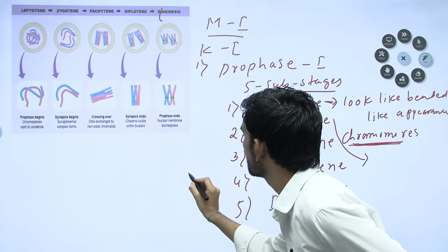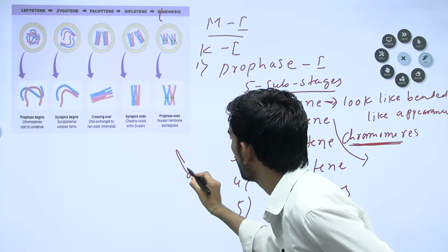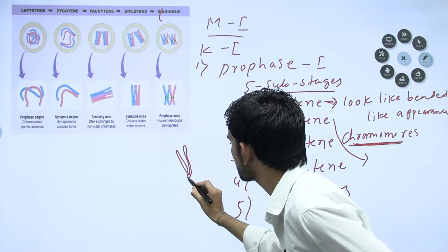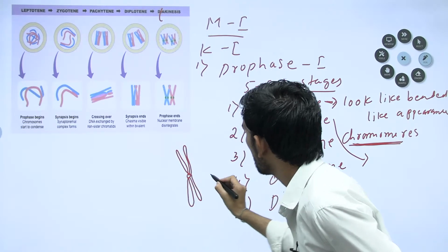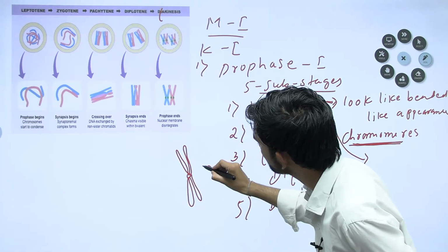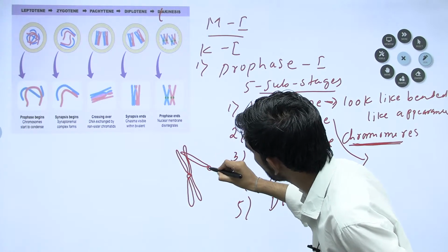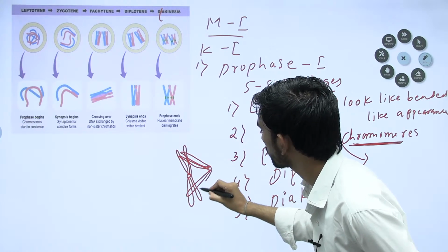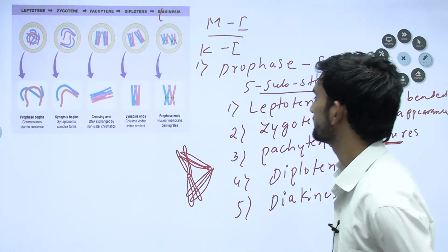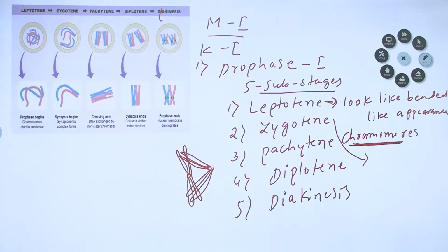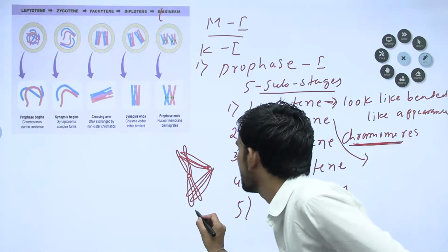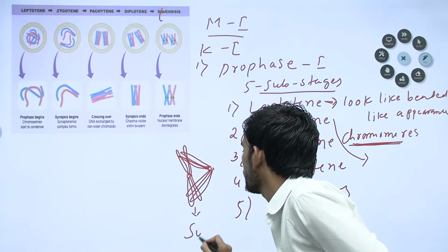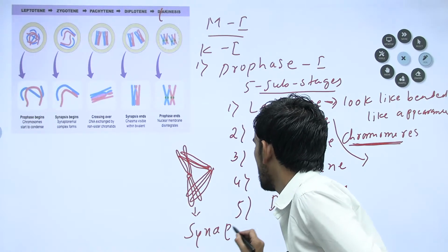This is one chromosome with sister chromatids, and this is another chromosome with sister chromatids. This is what we commonly call pairing. Pairing of homologous chromosomes begins in this phase. We can call it pairing of homologous chromosomes, or we can also call it synapsis.